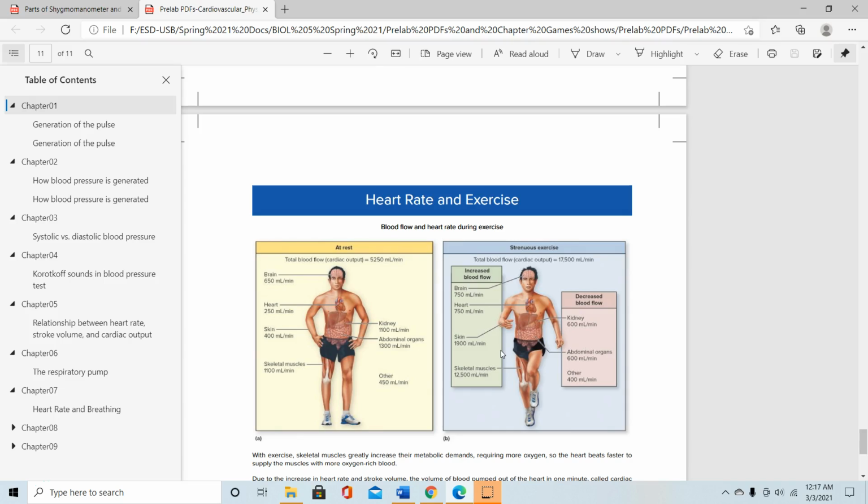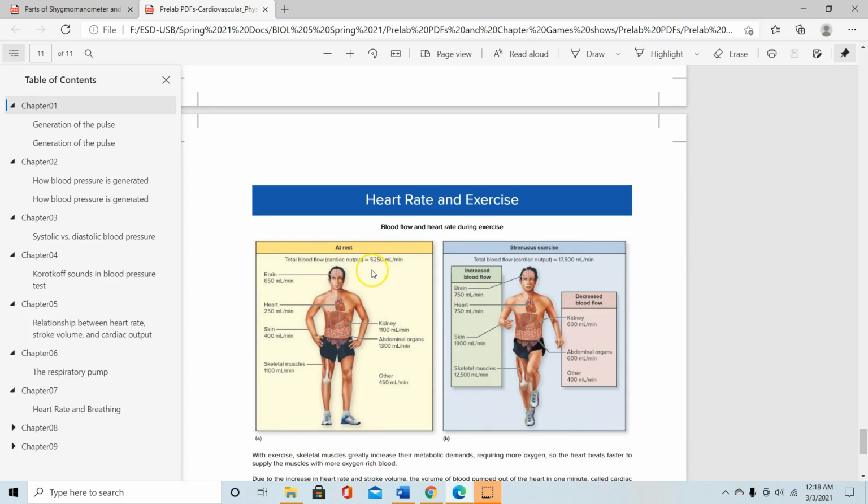But most importantly, skeletal muscle goes from 1100 ml per minute to 12,500 ml per minute, more than 11 times. So you see, that's why exercise needs a lot of energy, and to supply oxygen and nutrition to the skeletal muscle, more and more blood is diverted to your skeletal muscle. But certain organs like kidney, abdominal organs, and other organs slightly decrease during exercise.